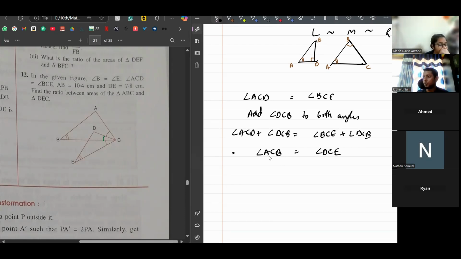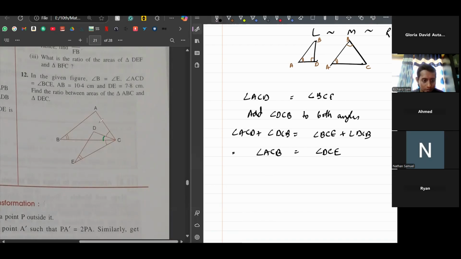These are the two angles of both the triangles. They're equal. Let me mark it here. This full angle is equal to this angle. So we have two angles of the triangle. That is one set of angles that are equal.